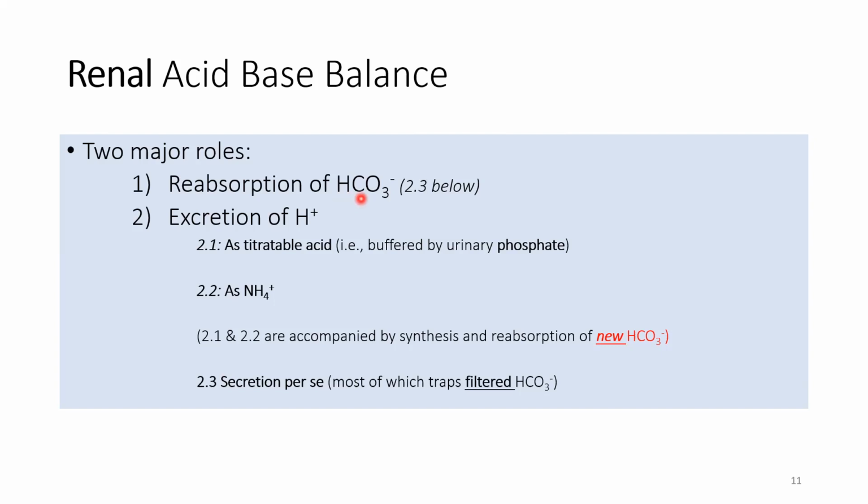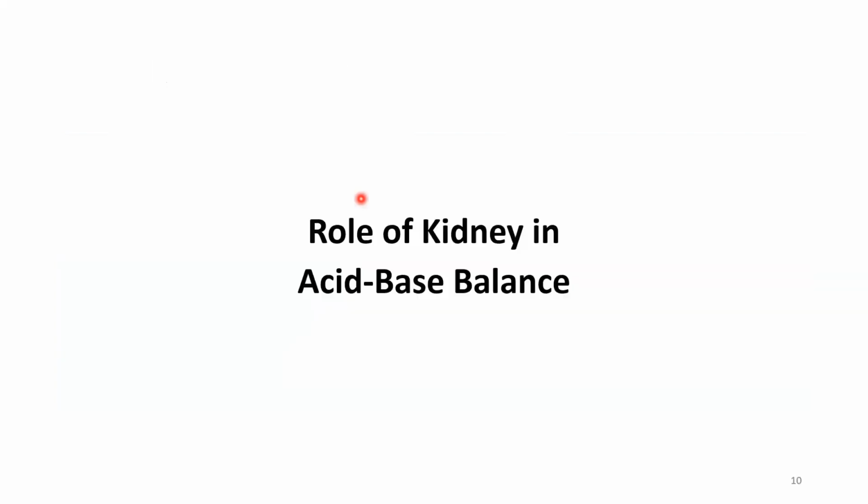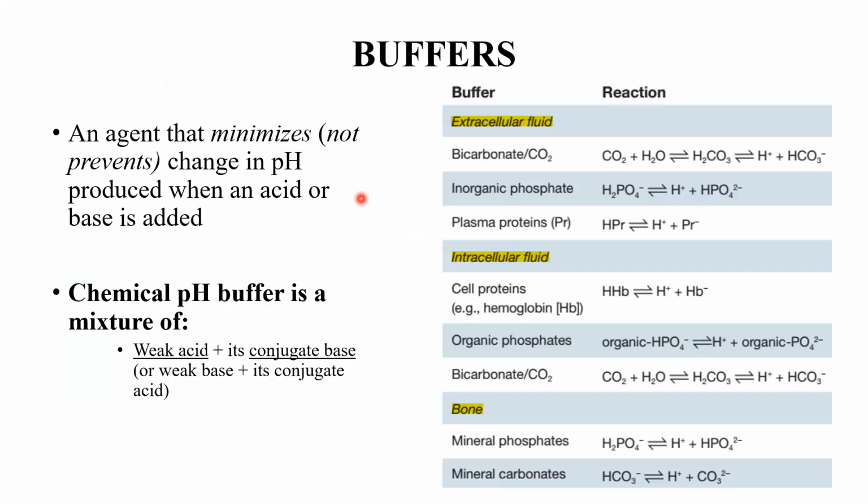Why is it important? Well, we just mentioned it. The most abundant buffer system is your carbon dioxide, carbonic acid buffer system, and it requires bicarbonate. If you remember, let me just go two steps back. Remember this bicarbonate? What if I remove this bicarbonate? It's not here, and now you add hydrogen. What will happen? Nothing will happen.